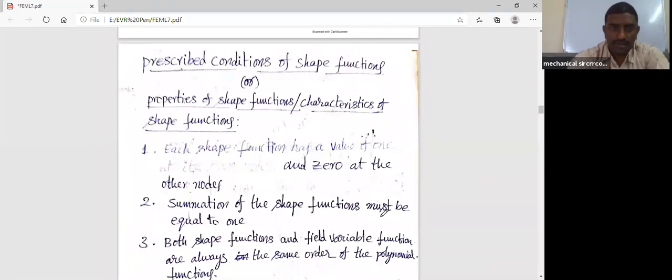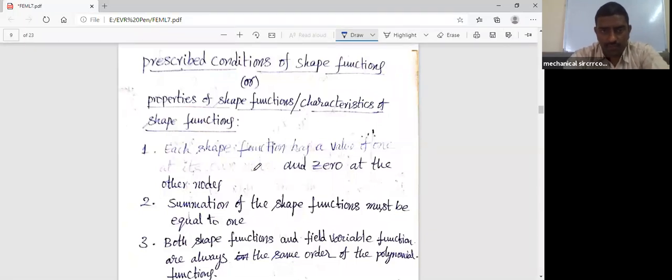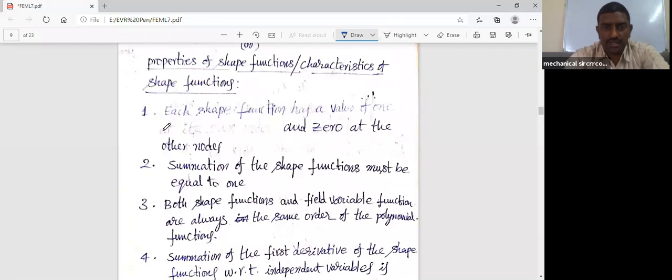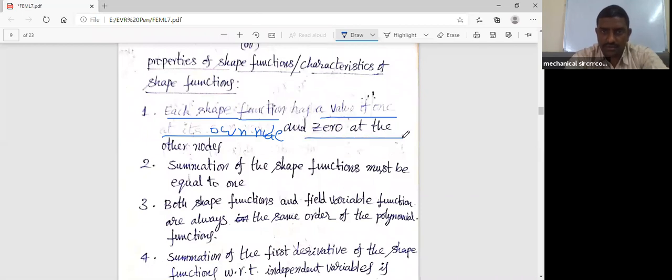So the first property is each shape function has a value of 1 at its own node. The value of the shape function at its own node is 1. At other nodes, the value of the shape function is 0.